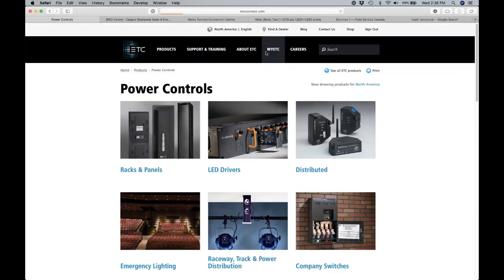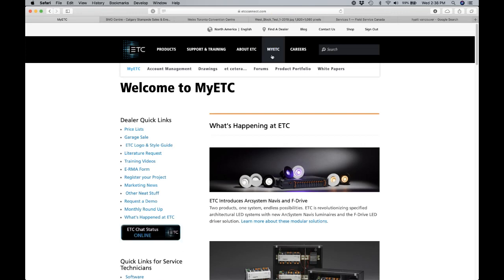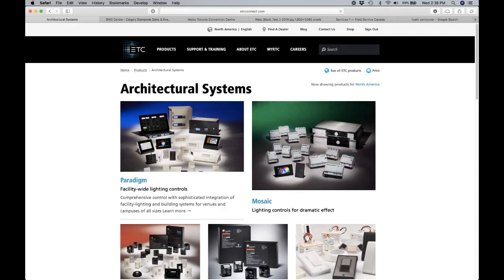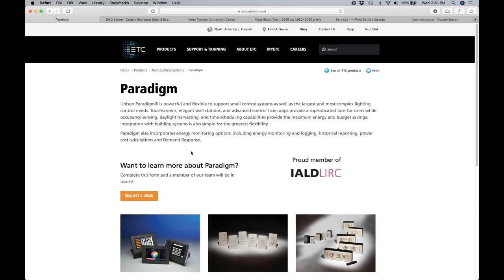Under the product tabs for each of the products, as you pull down documentation, you'll also find all of the drawings, specs, if it's a lighting fixture, IES files, application brochures, and design guides as well. And under the last tab of support and training are a lot of tutorials on products.